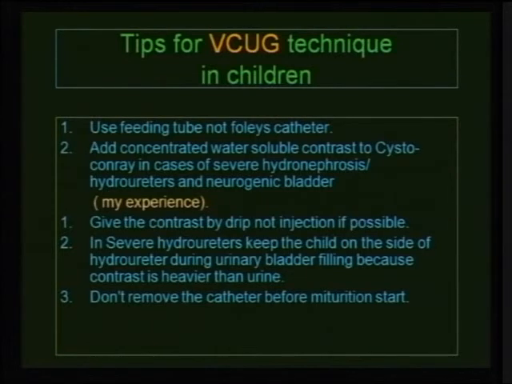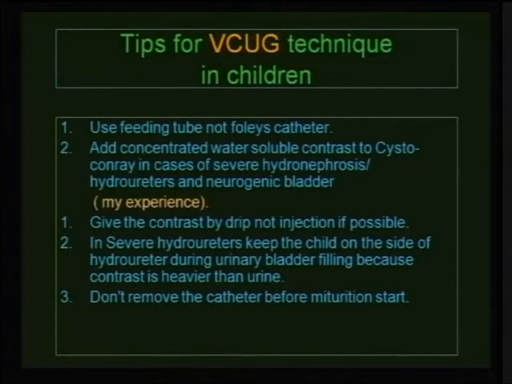Almost always we use feeding tubes. Foley catheter, we use it only in certain instances. And I myself add some concentrated water-soluble contrast when I have a history of severe hydronephrosis or a neurogenic bladder, because this dilated collecting system is filled with urine.